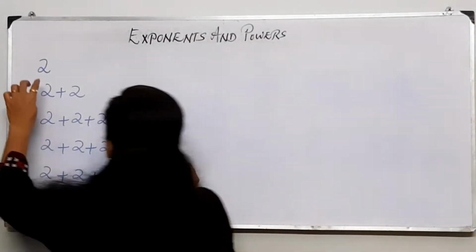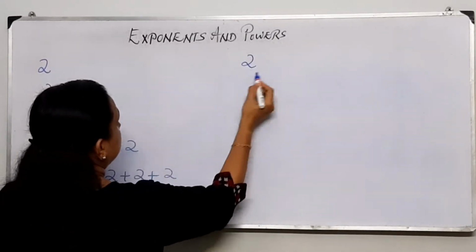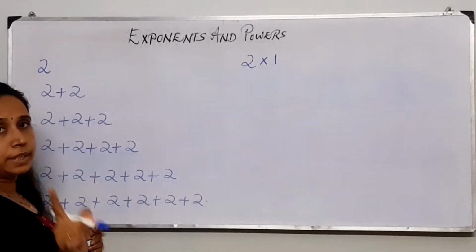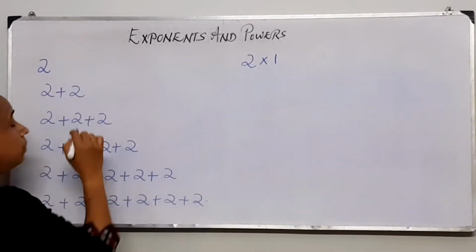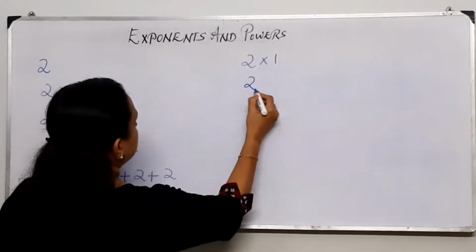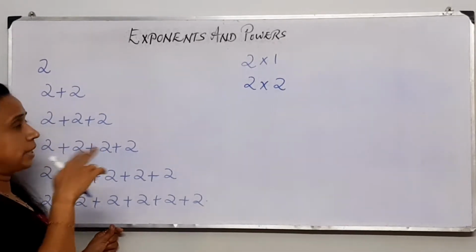If 2 is added only one time, we can write this number as 2 multiplied with 1, because only one time it is repeating. Now 2 is added 2 times by itself, that is, 2 is multiplied by 2, because 2 times 2 is added.